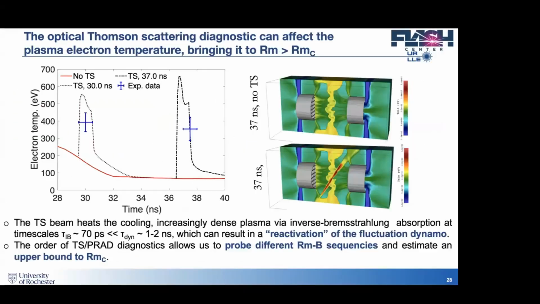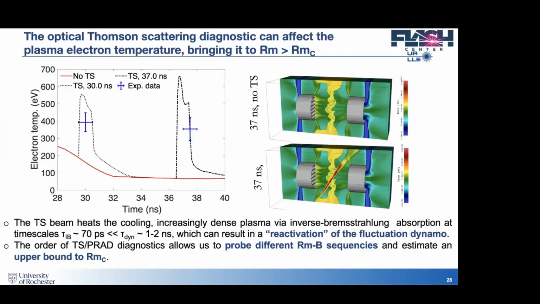Now, one of the diagnostics that we're using in order to measure the plasma properties of these turbulent plasmas is Thomson scattering. The idea here is you shoot a laser at your plasma.